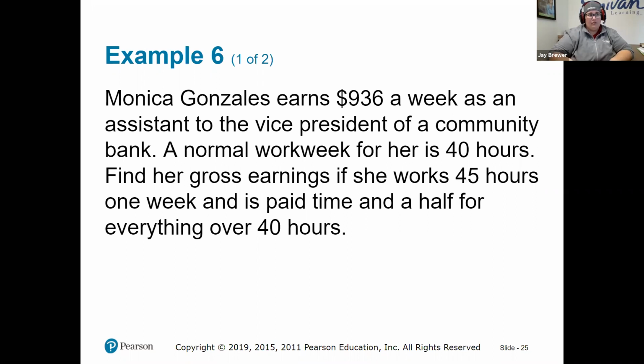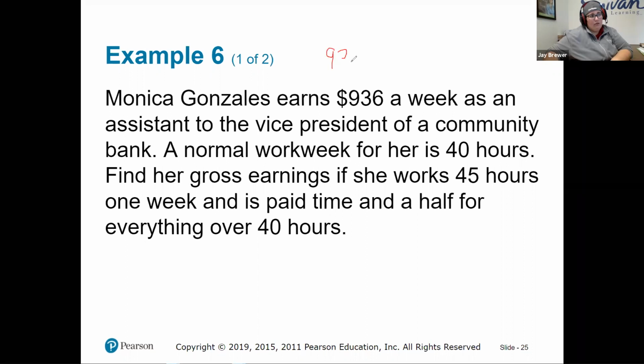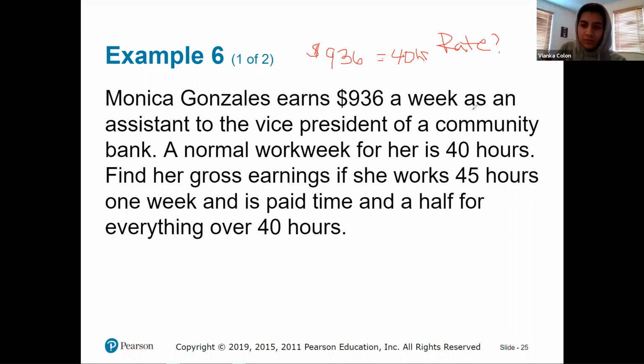You have to figure out, so we have how much she's getting paid in 1 week, but that's the same thing as saying every 40 hours, right? So then how much is her rate? Remember, her rate is going to be for how many hours?